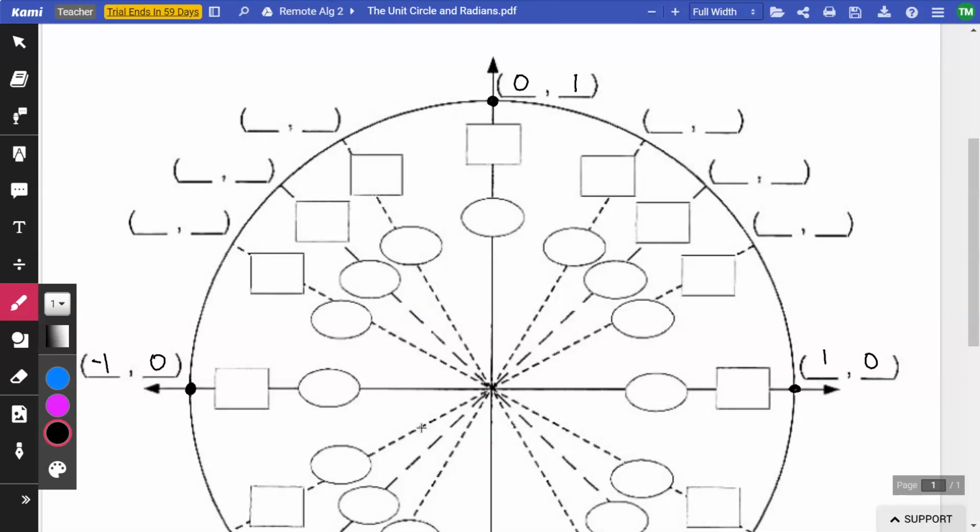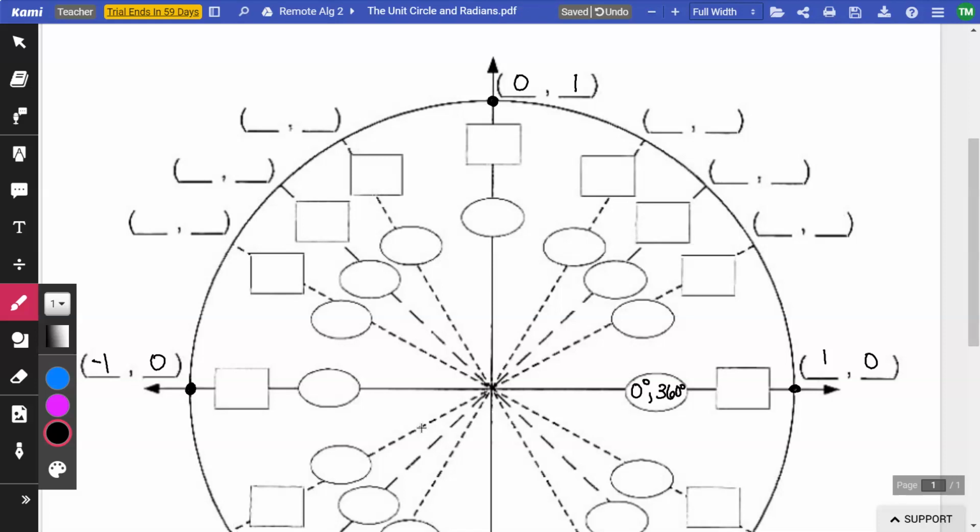So I know that at this part of the unit circle right here, this is 0 degrees. And it's also 360 degrees. So if we go all the way around the circle, this x-axis also represents a 360 degree rotation.